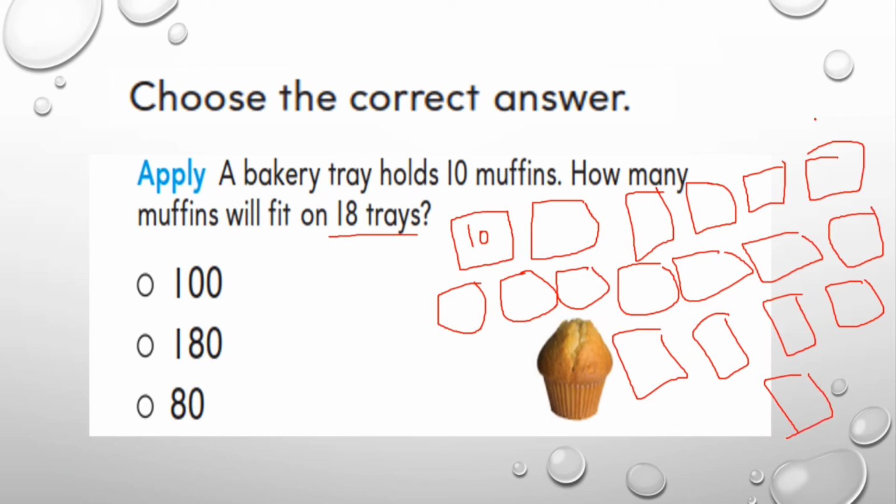So this is the 18 that he asked about. In each one we have 10 muffins, okay? So now we need to know the total. What will the total be? Let's see. In each one we will have 10, so let's count by 10.